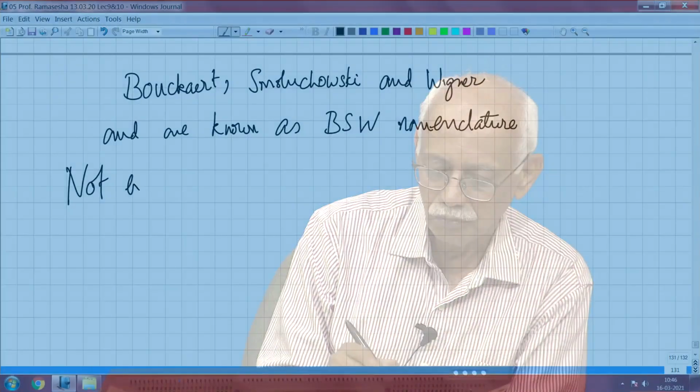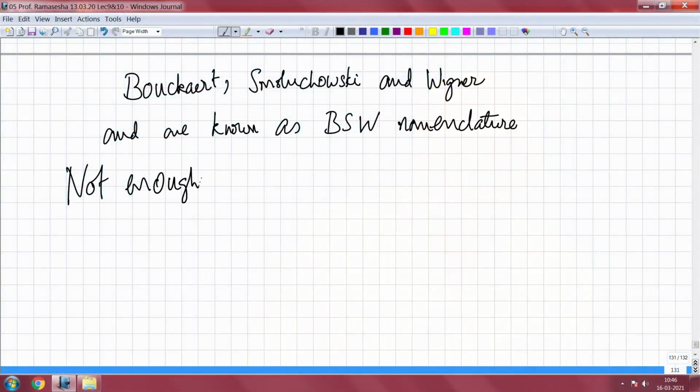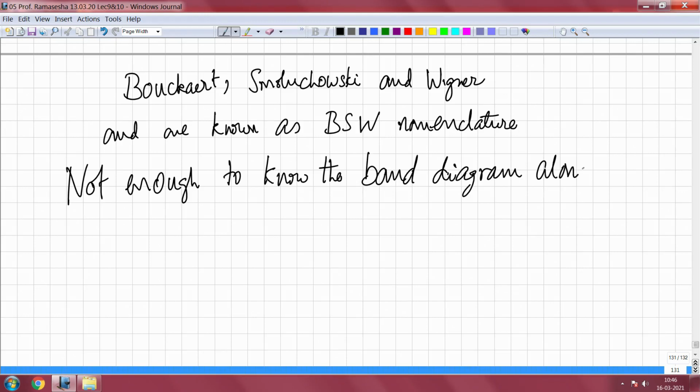Of course, it is not enough to have the energy band, it is not enough to know the band diagram along some symmetry axis.